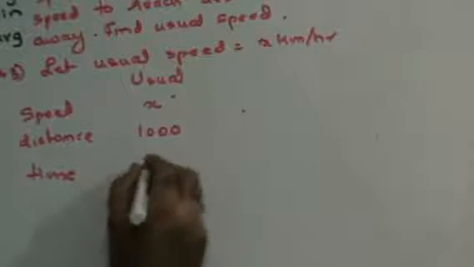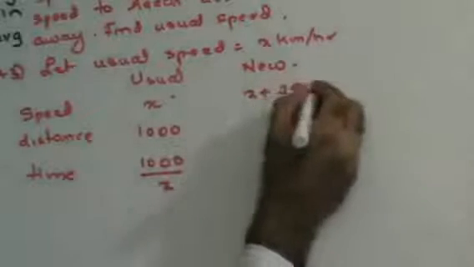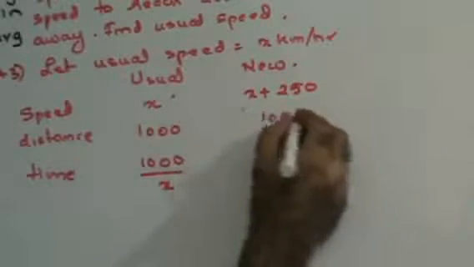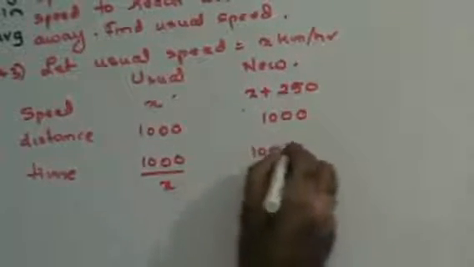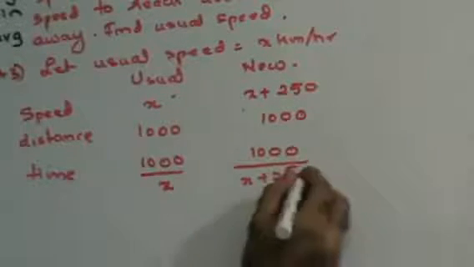So the time it would have taken is nothing but distance upon speed, so 1000 upon x. They are saying that since it has left 30 minutes later, it had to increase its speed by 250 kilometers per hour. So the new speed will be x plus 250. It would still cover the same distance of 1000 kilometers. So the time it will take is 1000 upon x plus 250.